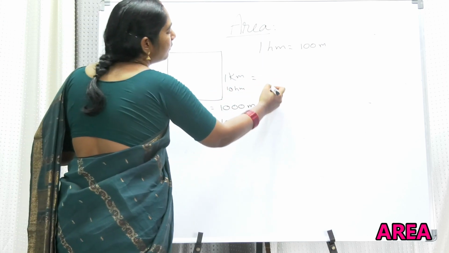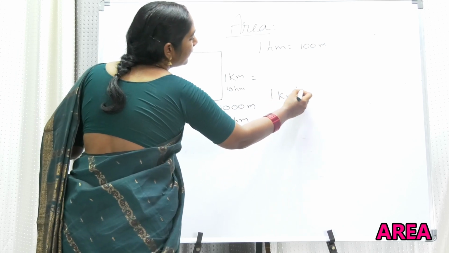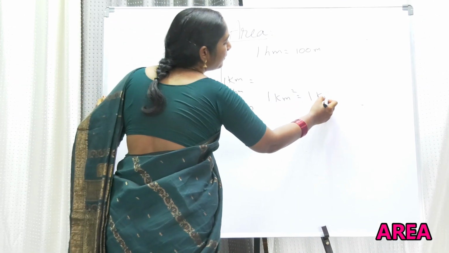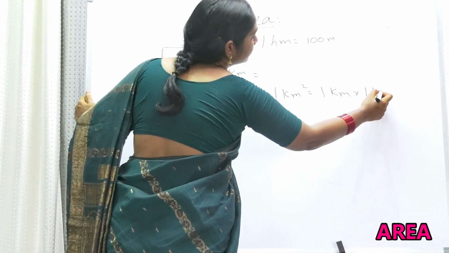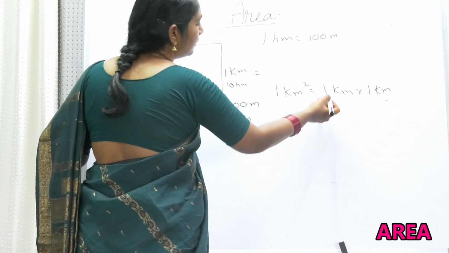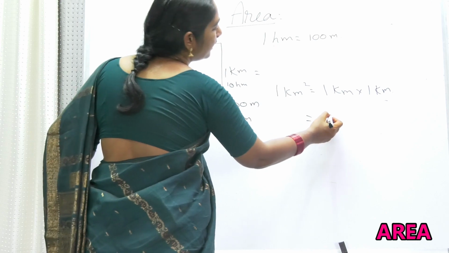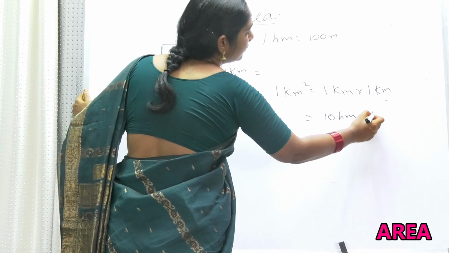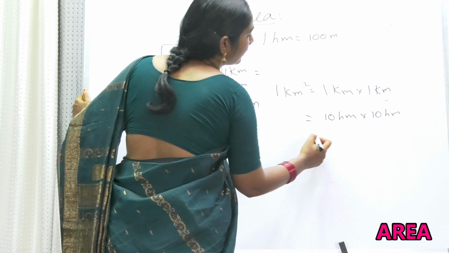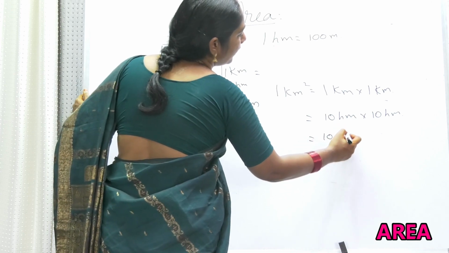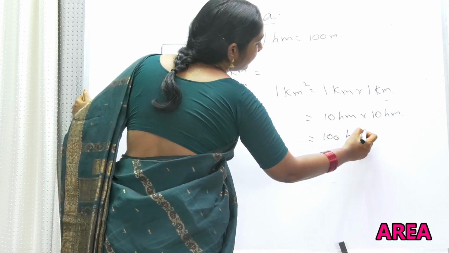So 1 square kilometer, I can write it as 1 kilometer into 1 kilometer. That is equal to 10 hectometers into 10 hectometers, which is nothing but 100 hectares.